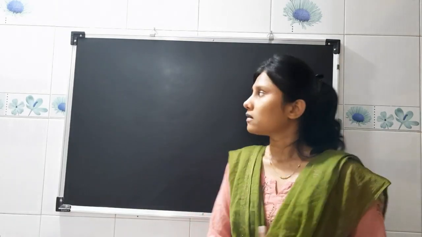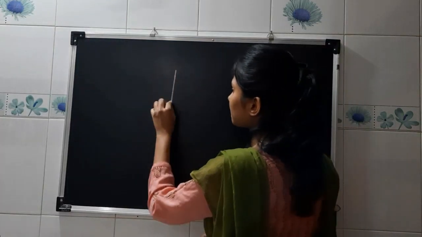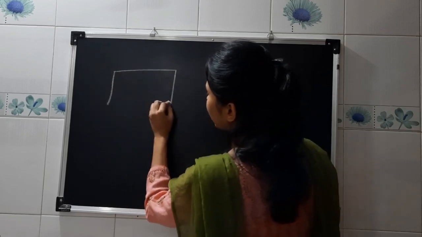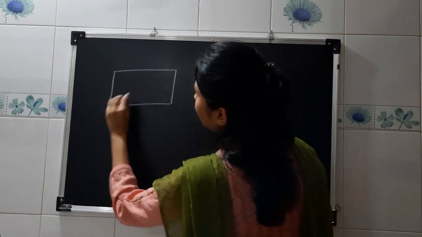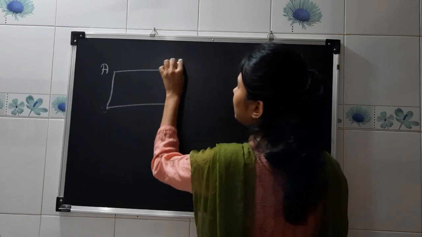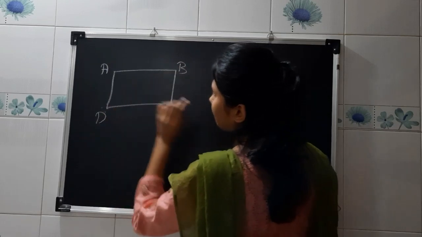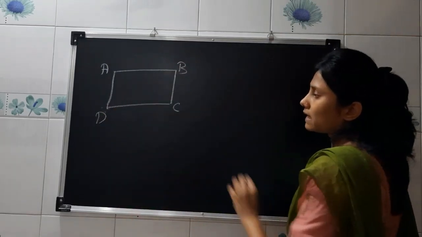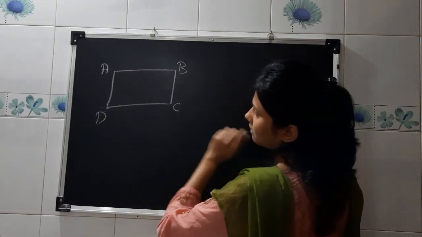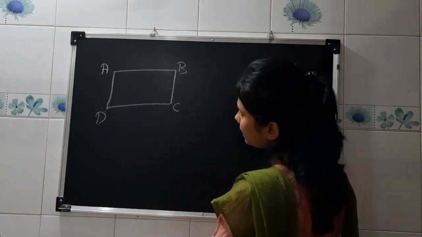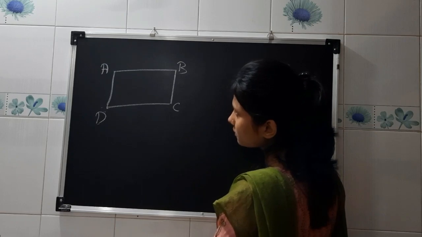See, for example, I am drawing this rectangle, A, B, C, D. I named this rectangle ABCD.